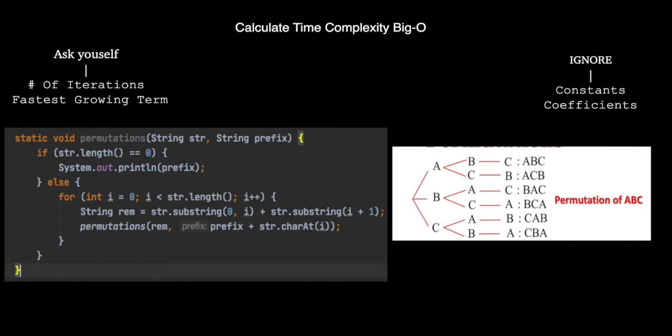So if you look at the image on the right, you would find the first call, I am doing 3 calls, A, B, C. And in each call, in A, for example, I am doing 2 calls, B, C. And in the next call, I am doing only 1 call. So this is what we call a factorial running time.